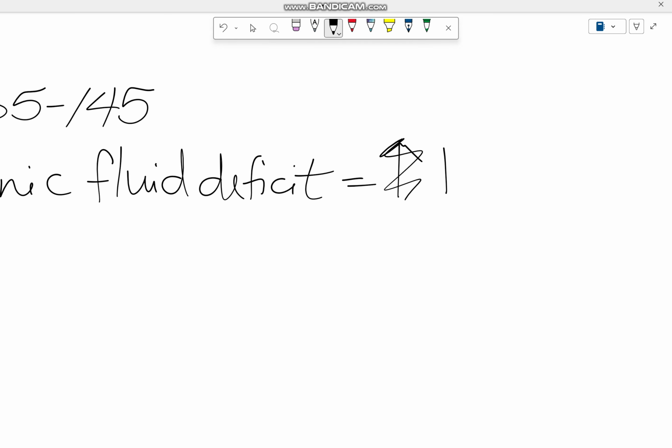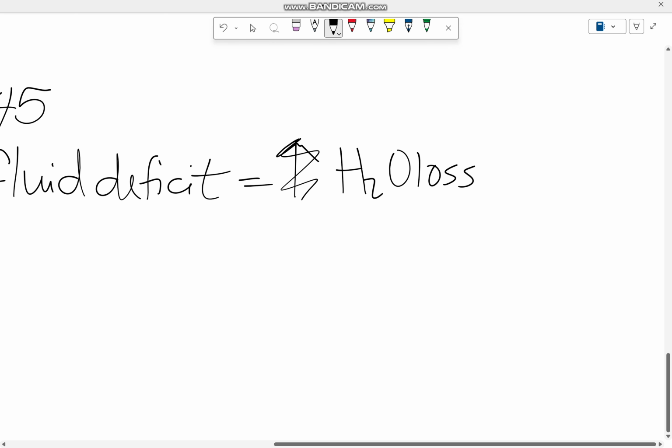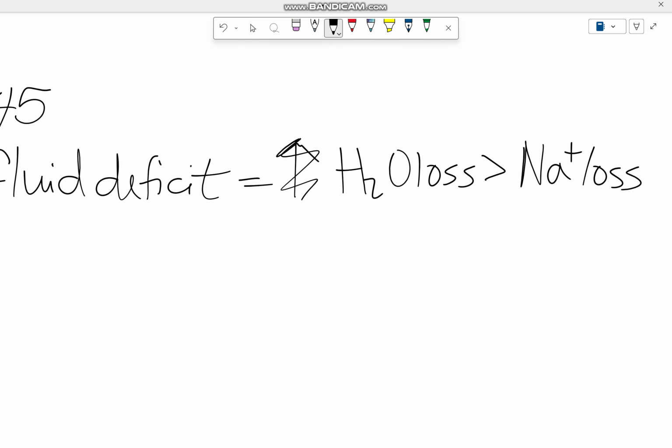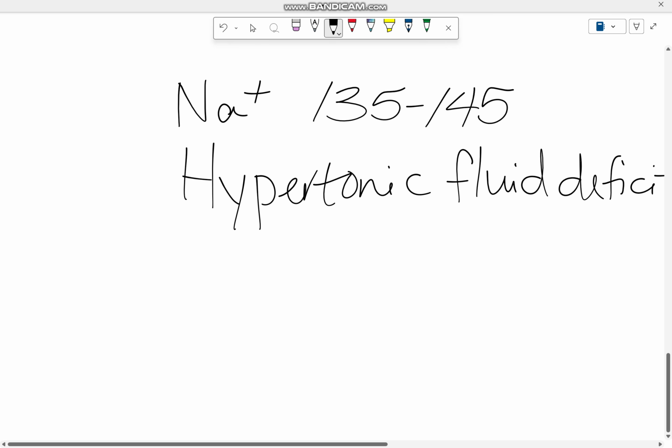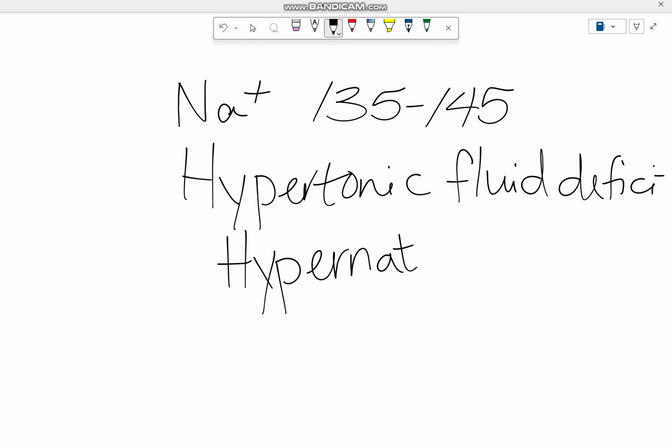So you're losing more water than you are sodium, and that results in hypernatremia. So now we have all this excess sodium in comparison to the amount of fluid in our body. It can be caused by diabetic ketoacidosis, diabetes insipidus, high protein intake, severe diarrhea.